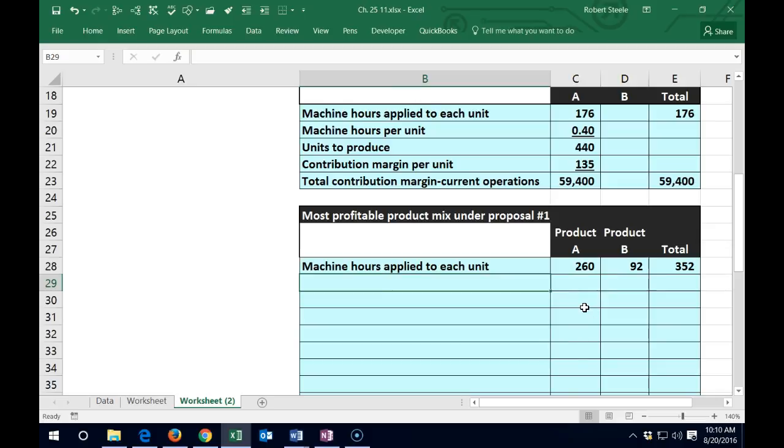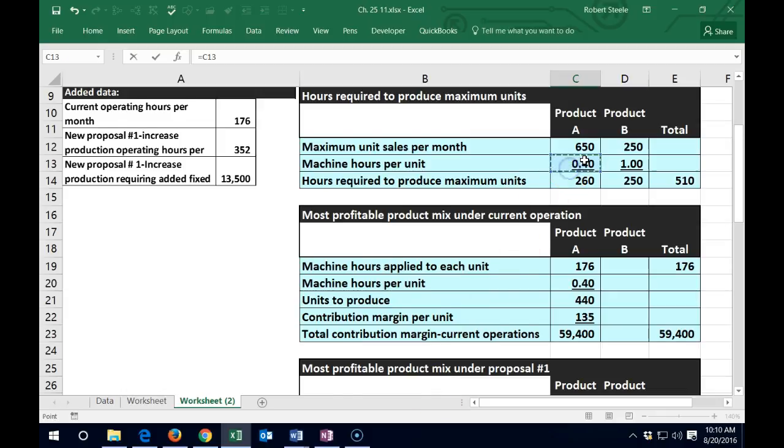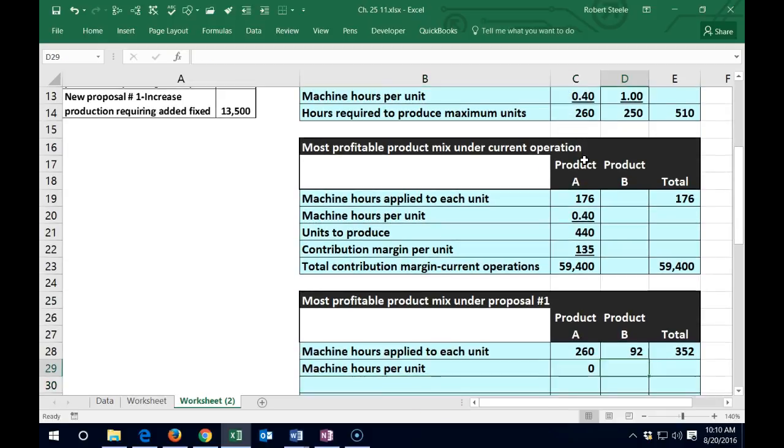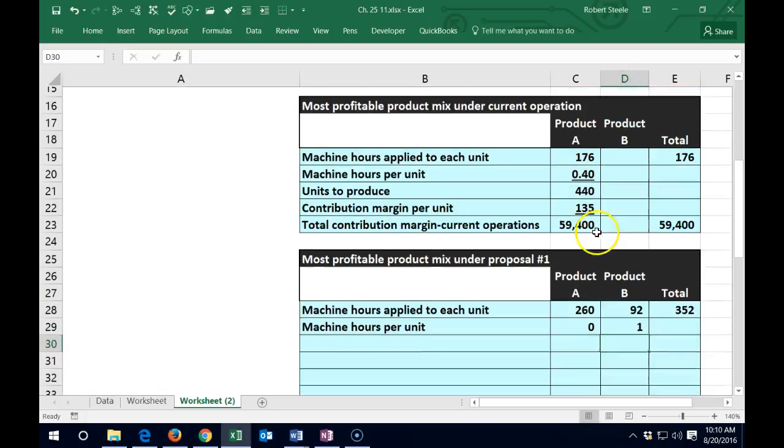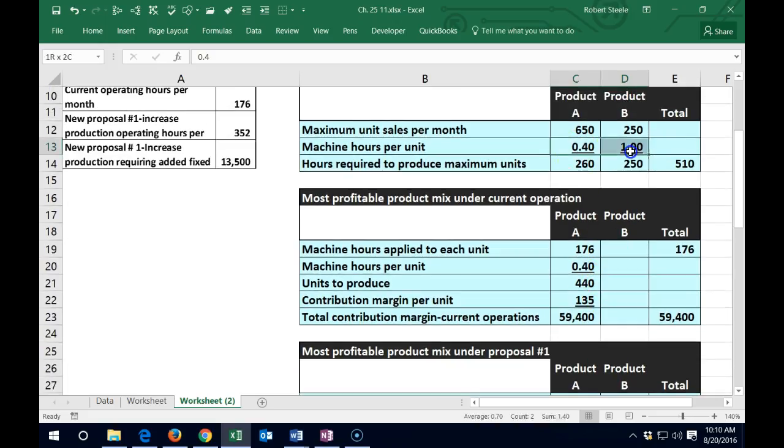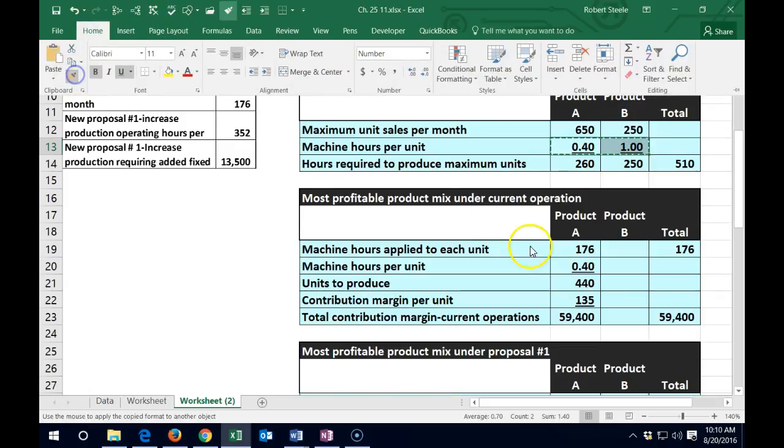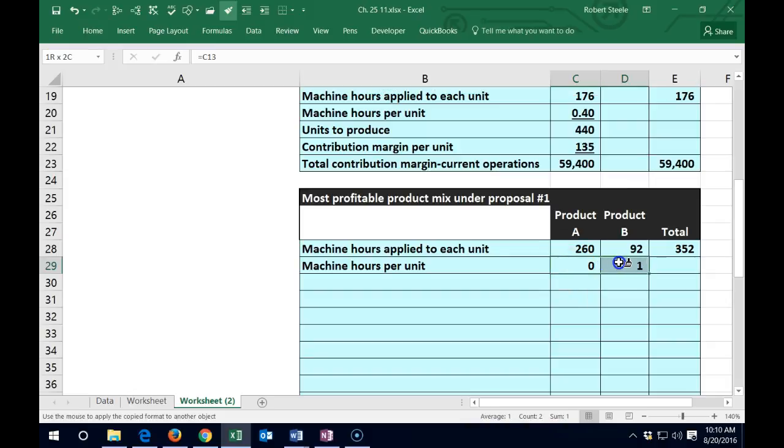Now we're going to have the machine hours per unit, and that's going to equal our familiar 0.4 here. Yes, we do need to adjust the formatting, and 1. I'm going to go ahead and format paint again. So I'm going to highlight these two. We want to underline, do the same deal. So I'm going to go to the Home tab, paintbrush, go down here, and format paint it, adding decimals and underline.